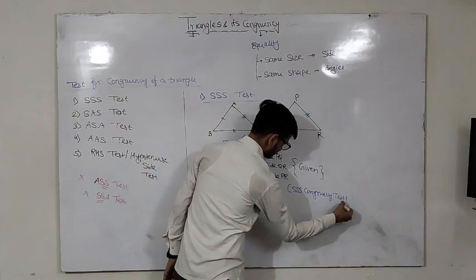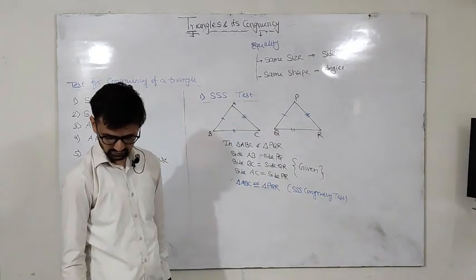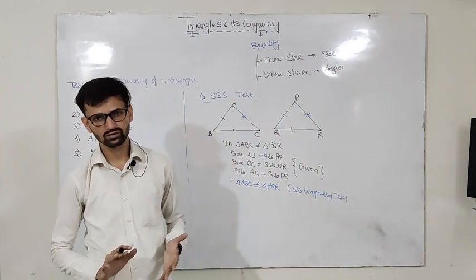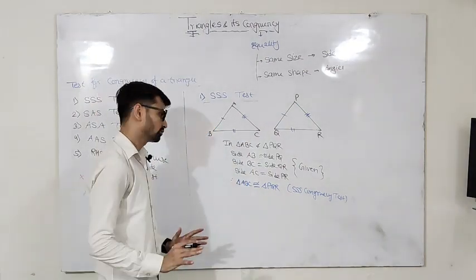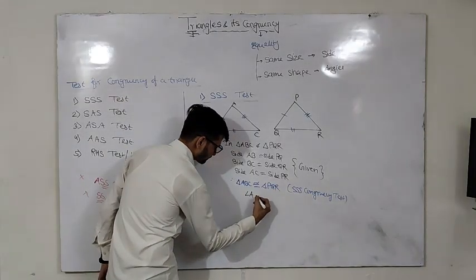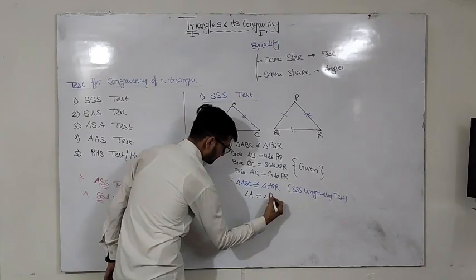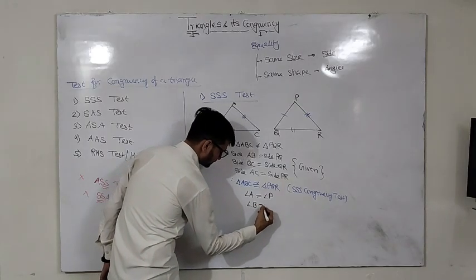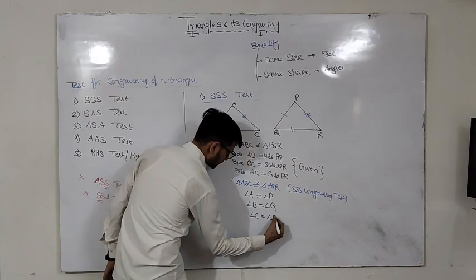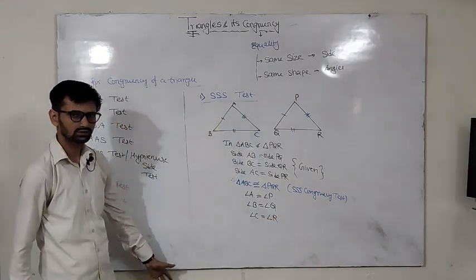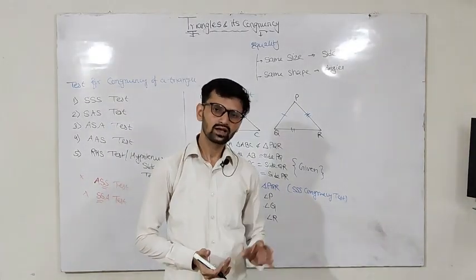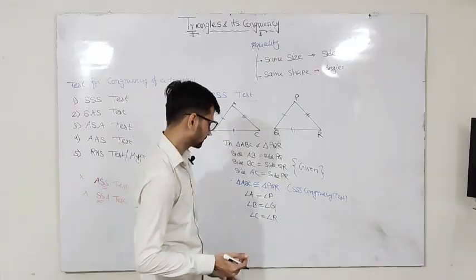If two triangles are congruent, then their corresponding sides will be congruent and their angles will also be congruent. Since sides are given, we are left with the angles. So angle A equals angle P, angle B equals angle Q, and angle C equals angle R. Why are these angles equal? Because when two triangles are congruent, their sides are equal and their angles are also equal.